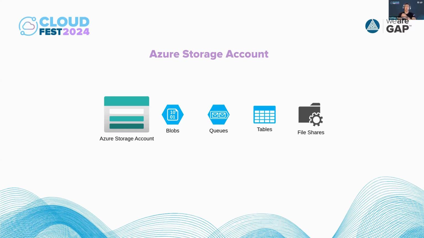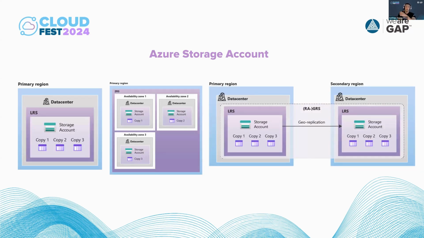Azure Storage Account provides another high level of resiliency, and this one is going to vary according to the configuration that you opt to have in your application. If you use the storage account, you can have replicas in a single place, or you could have replicas in multiple regions, like I spoke previously.